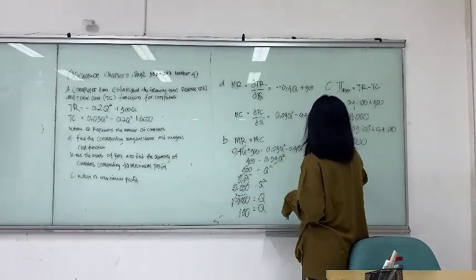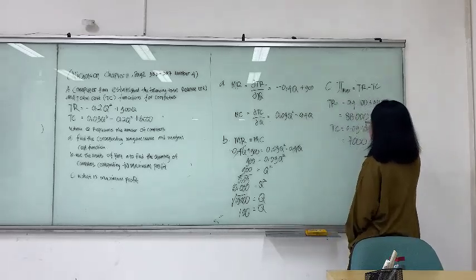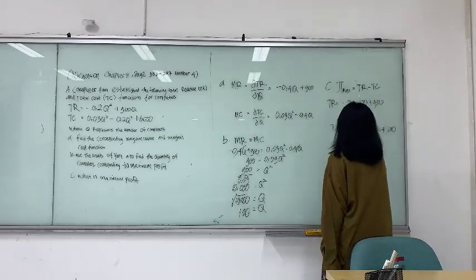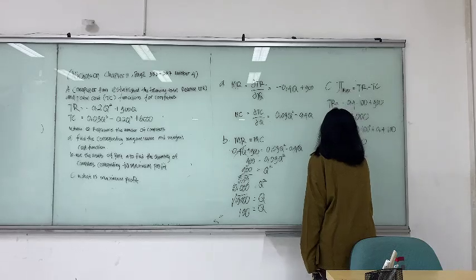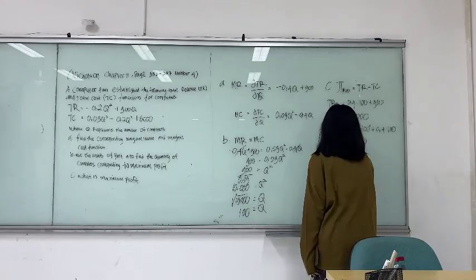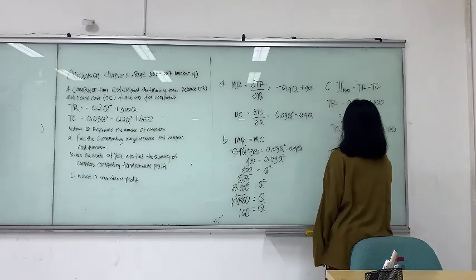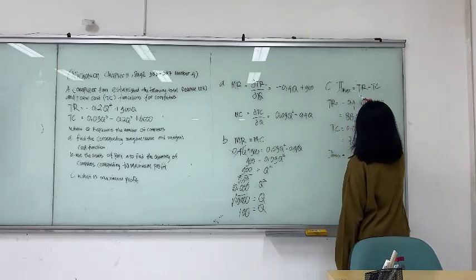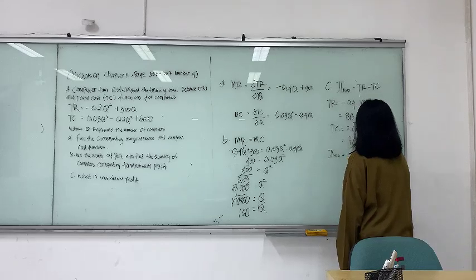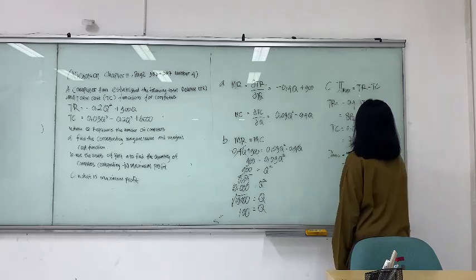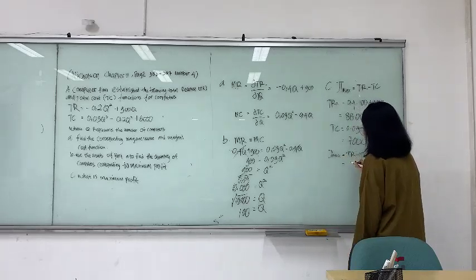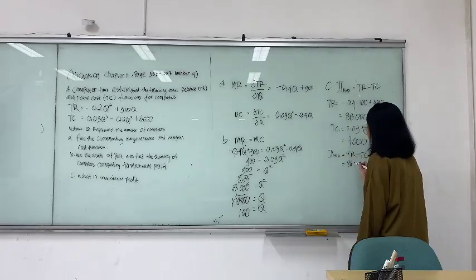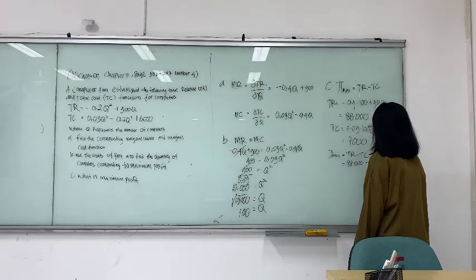After we find the maximum TR and DC, the last step is we must to find the maximum profit. The formula is TR minus DC. So TR minus.